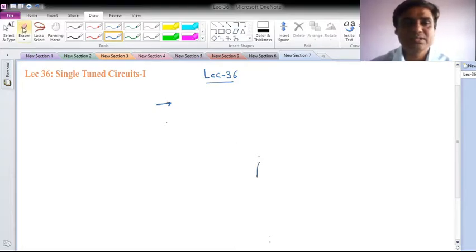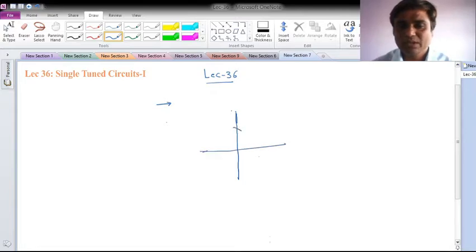Let's say this is my pole-zero plot, and the poles are lying on the imaginary axis like this. What is the effect that we have seen in the complex plane? If this is sigma and this is j omega, what is the effect?